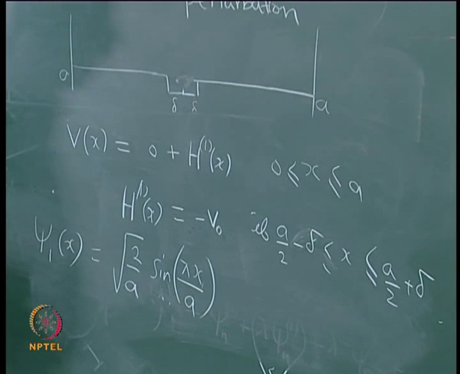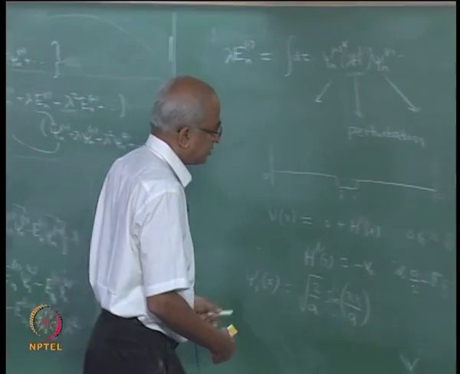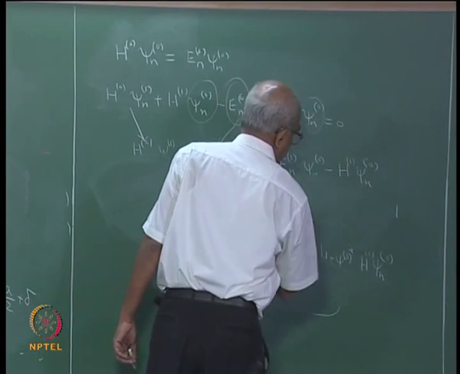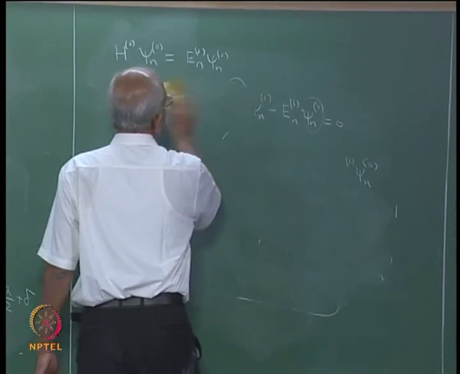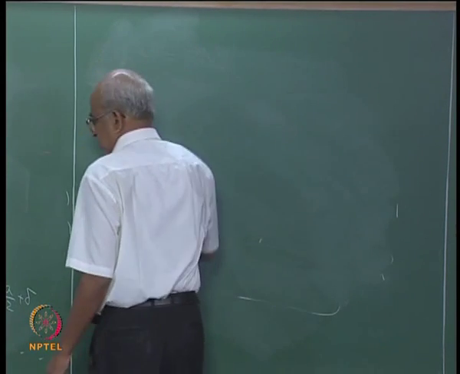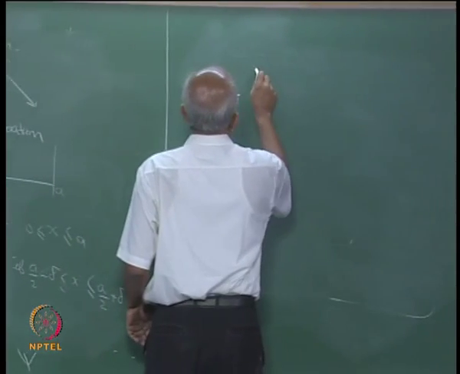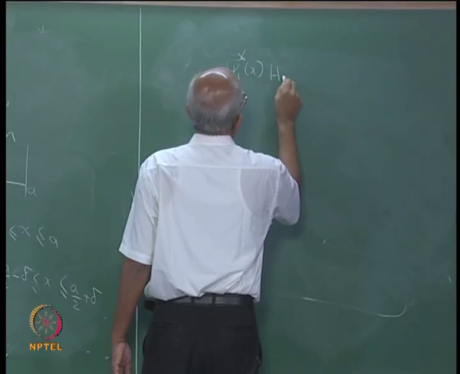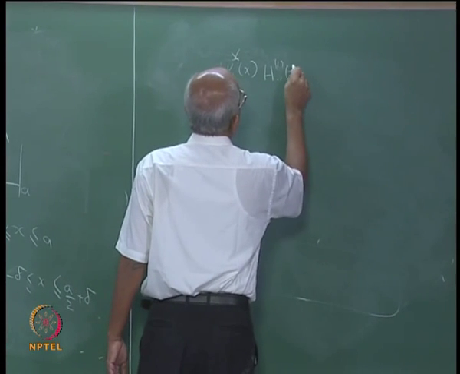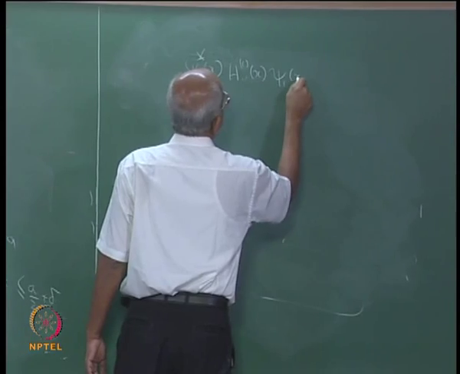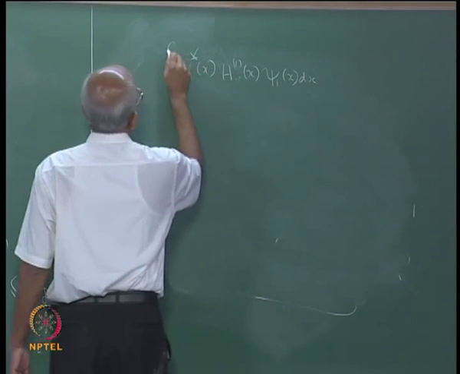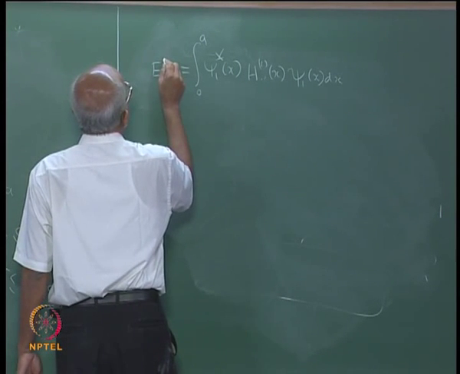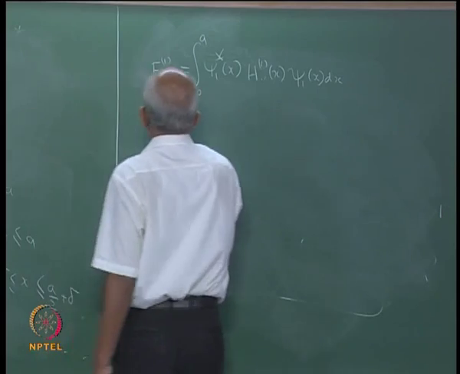So, what will be the kind of expression that you would have? I can just write it down. You will have psi 1 of x, in principle you should put a star, then H1 of x, psi 1 of x dx integrated from 0 to A. This will be the first order correction to the ground state energy.